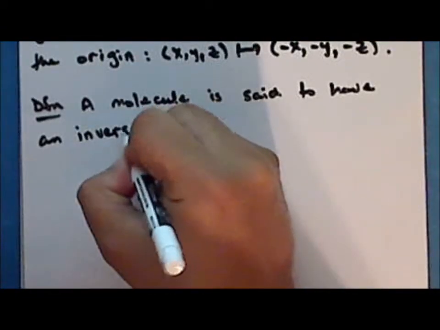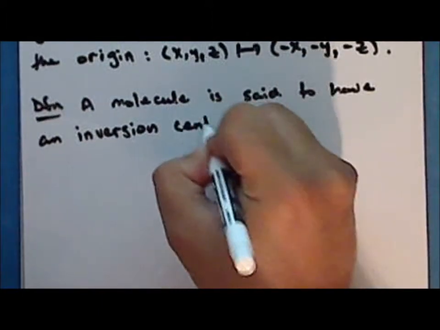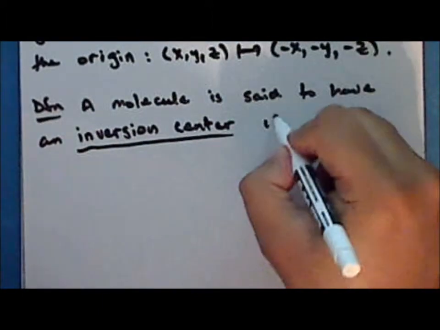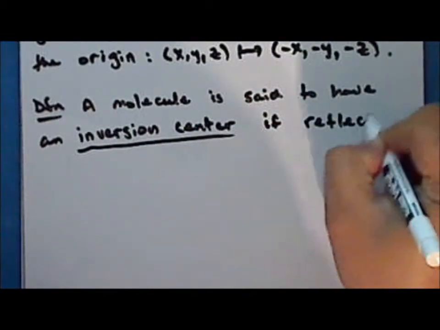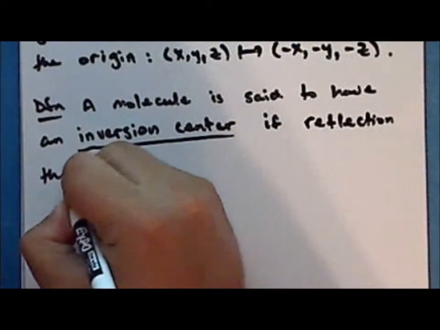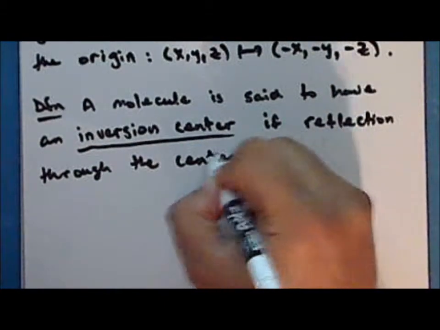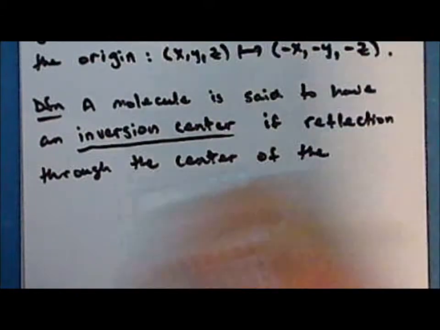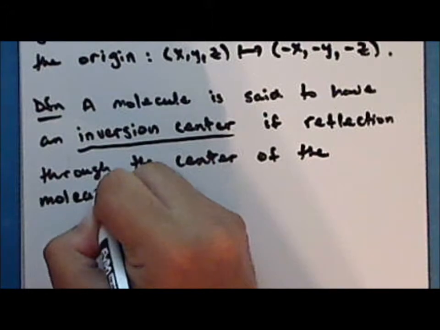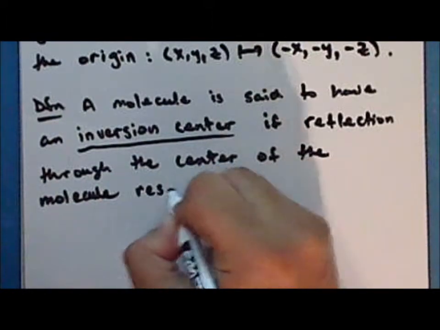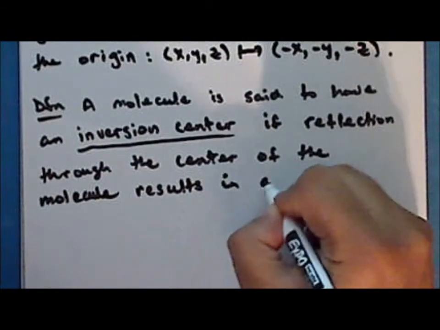Now, a molecule is said to have an inversion center if reflection through the center of the molecule results in an identical molecule.